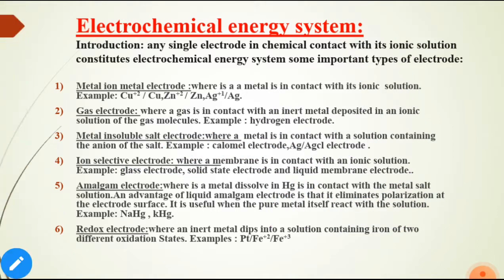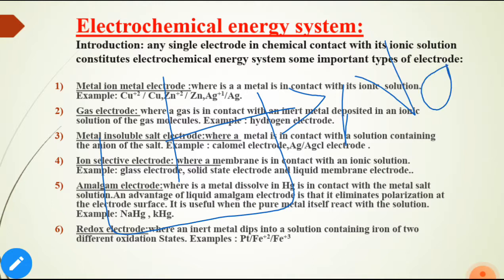Next, the amalgam electrode. Amalgam is nothing but any metal in contact with mercury. For example, take any reaction in this container where we are adding sodium. Sodium is highly reactive, so to control that reactivity we add mercury.